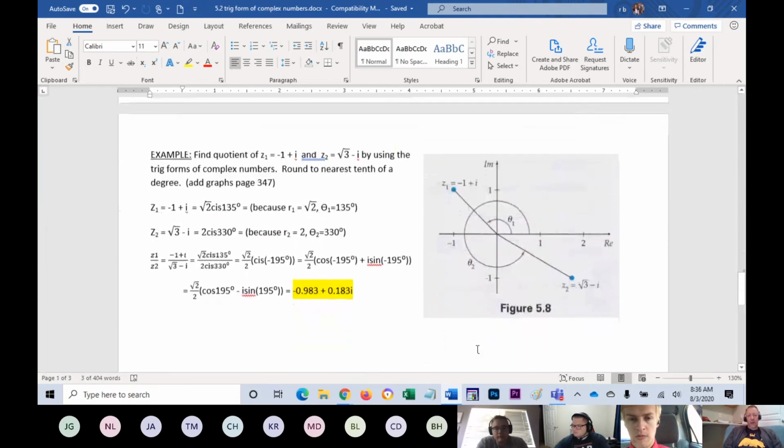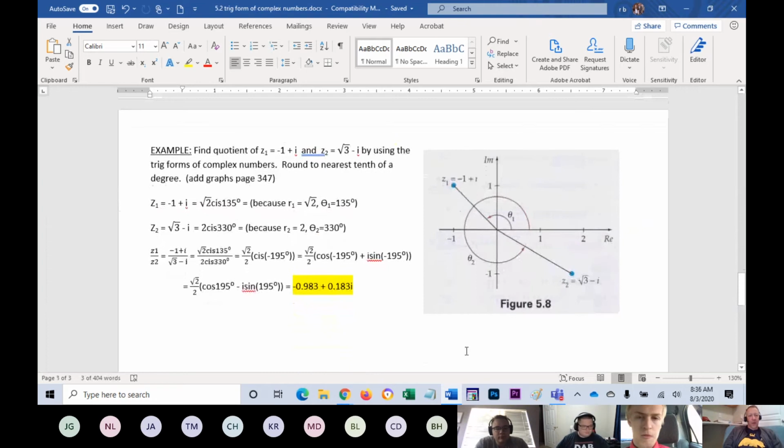All right. Now, okay. So we've just converted these to trigonometric form. So it's going to be the square root of 2 CIS 135 over 2 CIS 330. So I'll just do the scalars together.